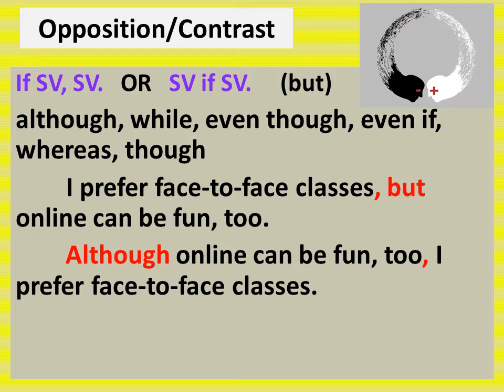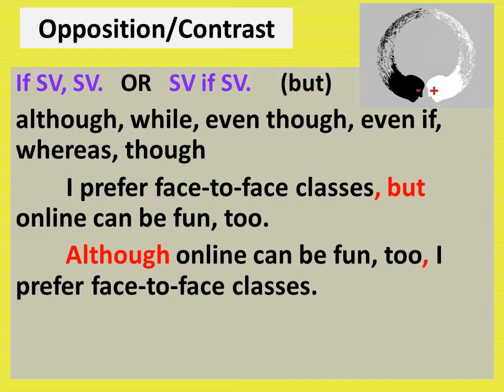So that is using the first formula, if subject verb, comma subject verb. But here, if doesn't work. It has to be contrast or opposition. So I use the word although. So you see although, online can be, that's although subject verb. And then after the word too, we have the comma, and then I prefer, that's the other subject verb.